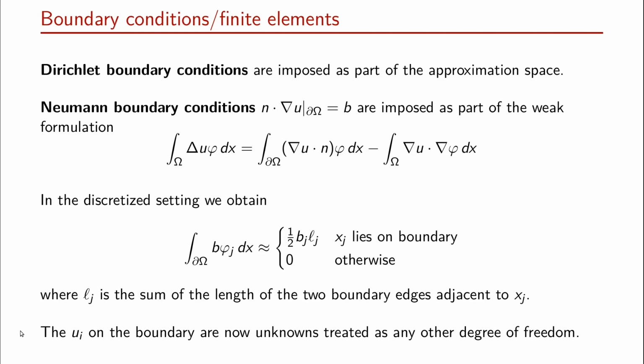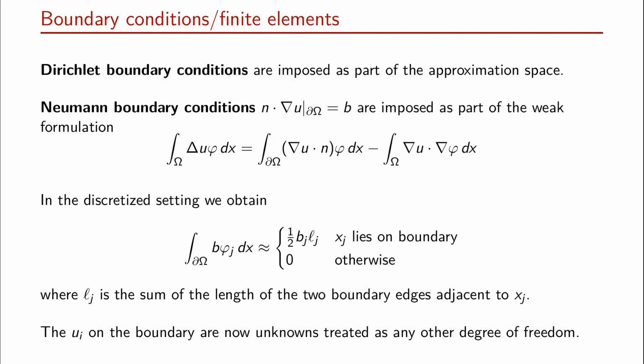Now, adding this to your code works in exactly the same way as we have discussed before for the source term. There really isn't any additional complication here. But there is still a change in your code that you need to make, because now we don't know the value of ui on the boundary.